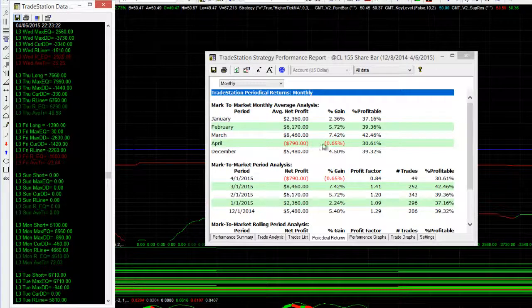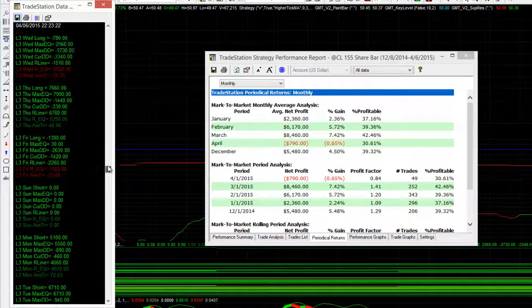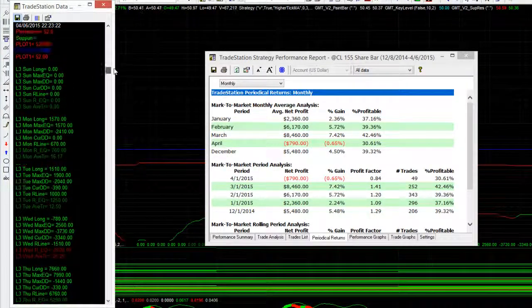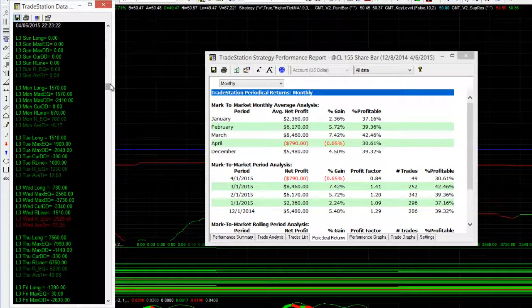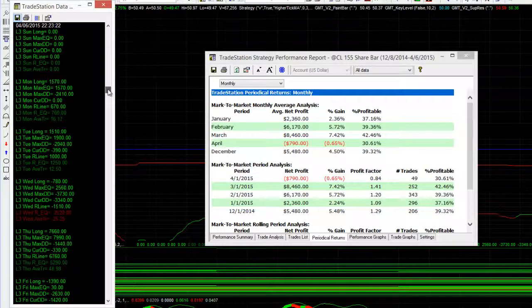So there may be days of the week that just don't make any money, and we want to find out exactly what day that's happening, so we can isolate those days, take them out, and just run our system during high performance days of the week, where we know the consistency over 6 or 12 months is there for us to trade that particular day.